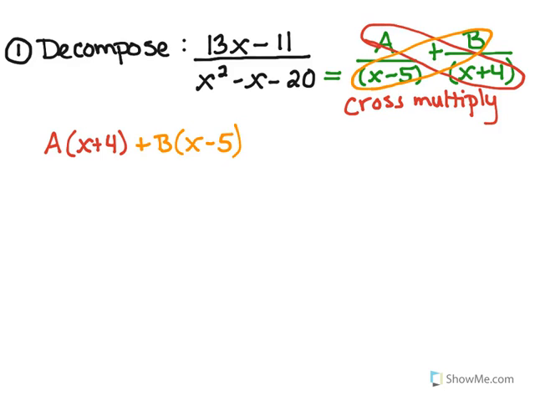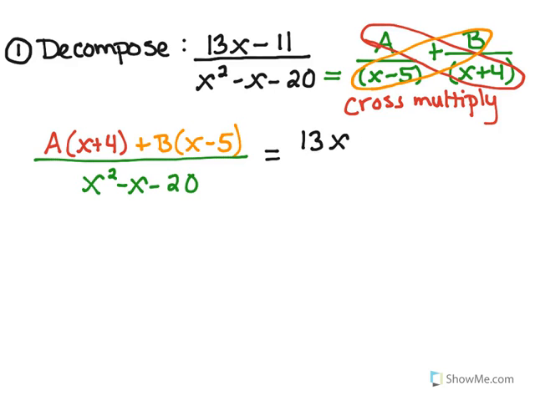Now that would all be over the common denominator of x squared minus x minus 20. So let's write that. And then that is equal to the original problem, 13x minus 11 over x squared minus x minus 20.